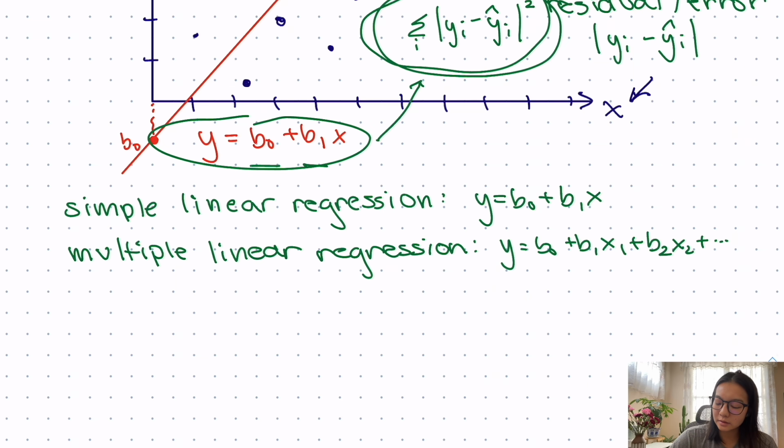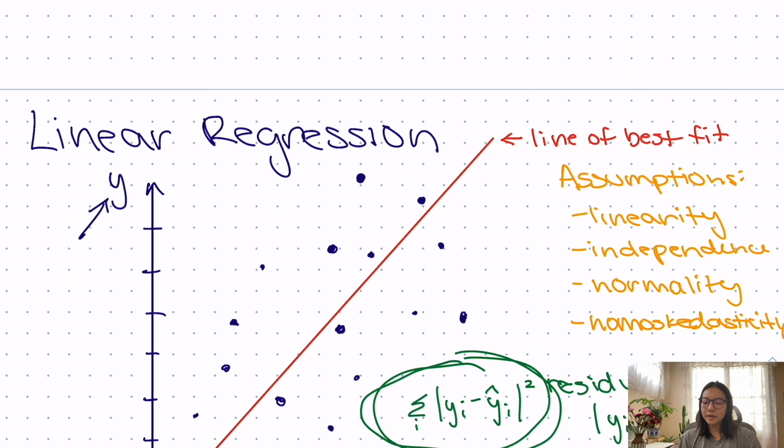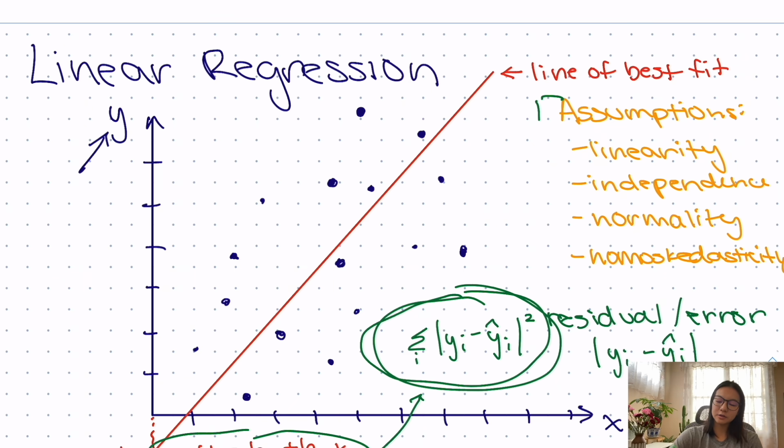Etc. plus bn xn. So now I'm coming up with some coefficient for all of the different x values that I have in my vector.